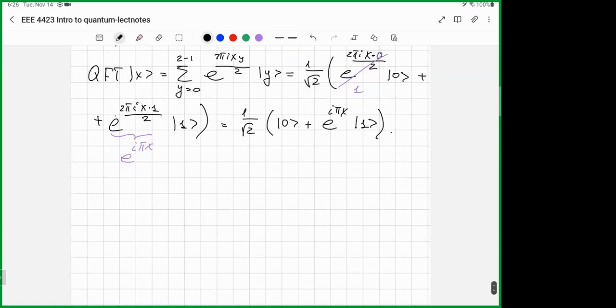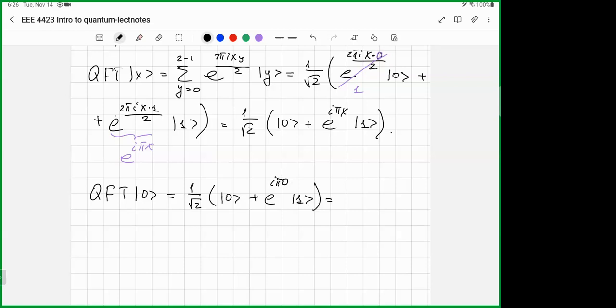Okay, and now by components, I can write the QFT of the state 0, for example. What I get? 1 over square root of 2, then state 0 plus e to the power of i pi times 0 times 1.